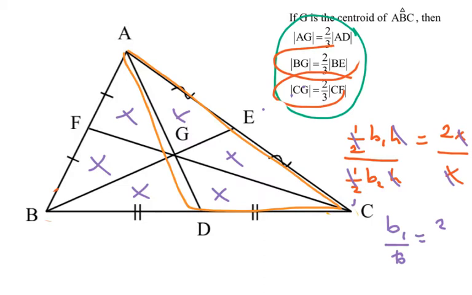So again, in this one, we could split this into two triangles here, and you can see that ACG has the same height as GDC, but it's got double the area. So obviously it must have double the base, again giving us a 2 to 1 ratio between the longest part of the median and the shorter part of the median. That should be sufficient to show that they're proved.